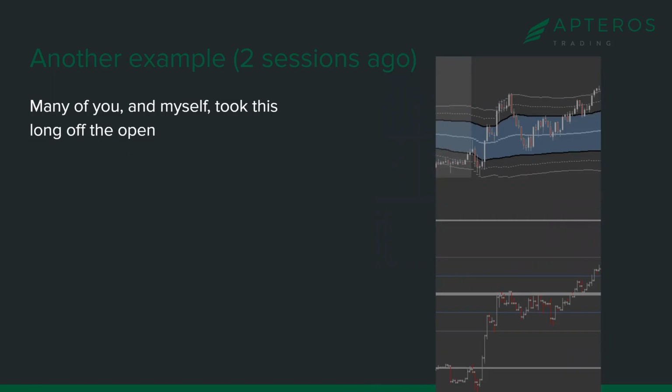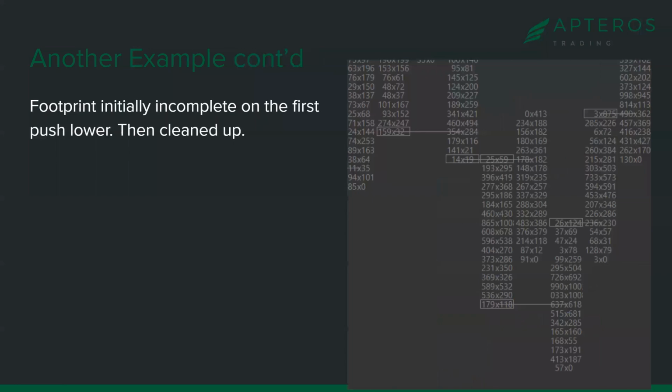Okay. You remember, I guess it was Thursday of last week. A lot of us got long from here. I think I only took it up to here. I had some students who took it up to there. What did it look like? Aha.